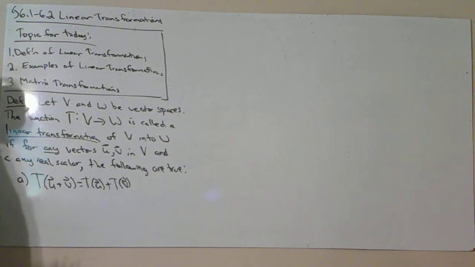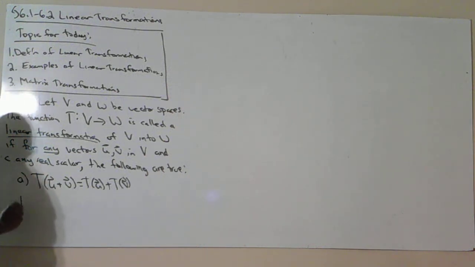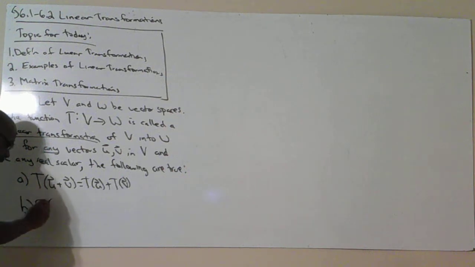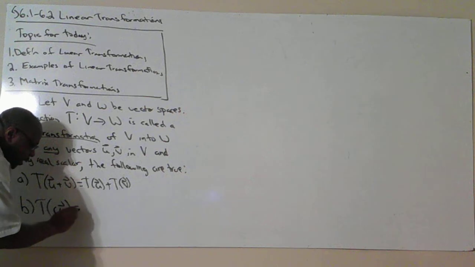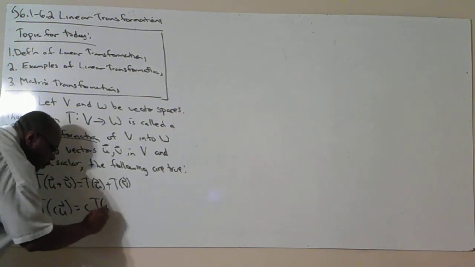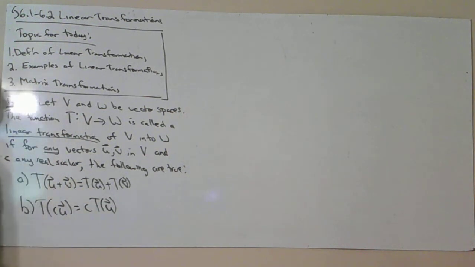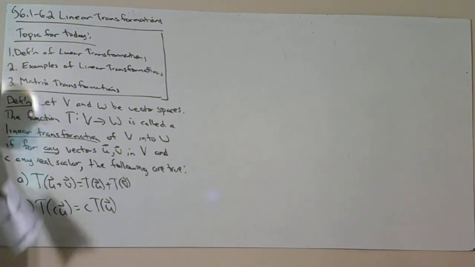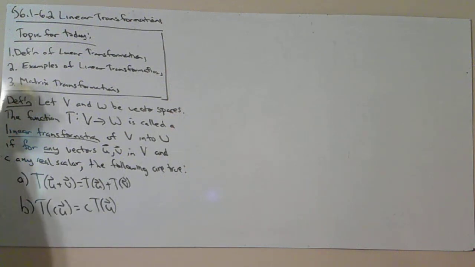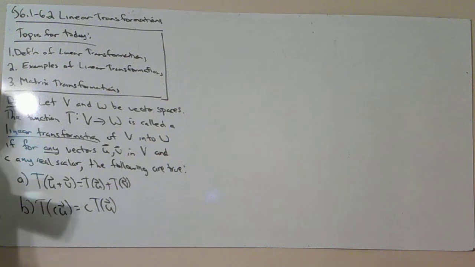That's the same thing as doing U plus V and then doing the transformation of that. And then B, T of C times U is equal to C times T of U. So if you take the transformation of U and multiply it times C, it's the same thing as taking C times U and then doing the transformation of that result. This is what we mean by a linear transformation.